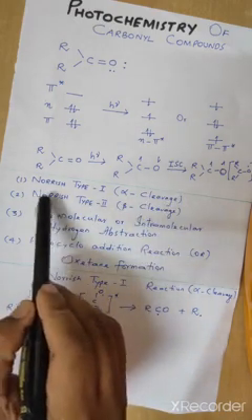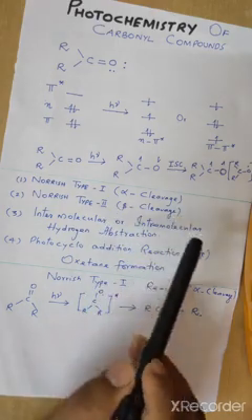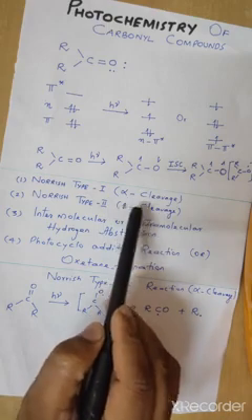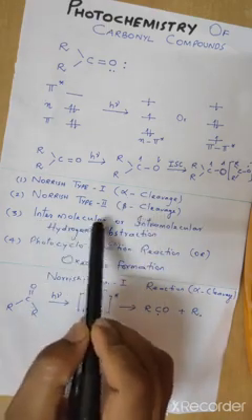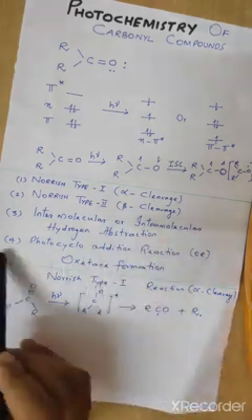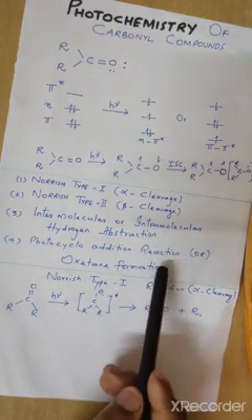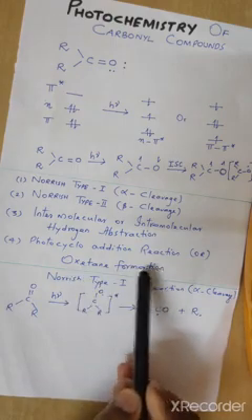Another is the Norrish type 2 reaction, known as beta cleavage, where the alpha-beta carbon bond will break. The third one is intermolecular or intramolecular hydrogen abstraction. The fourth type is photocycloaddition reactions, or oxetane formation.